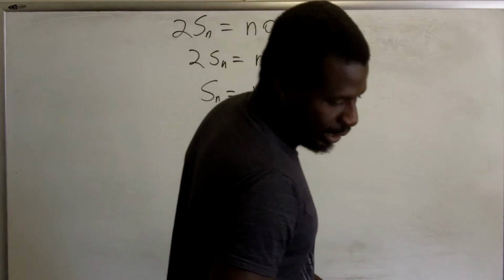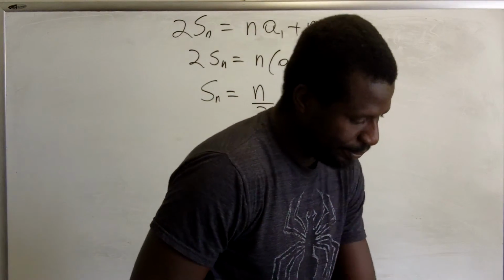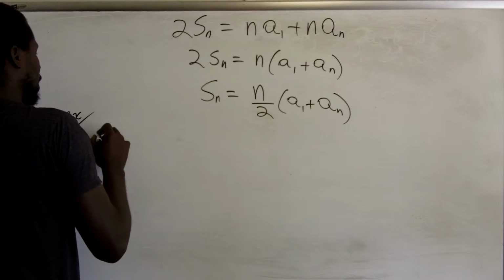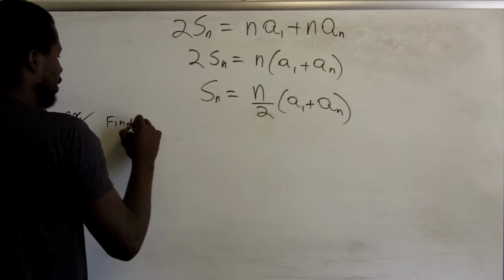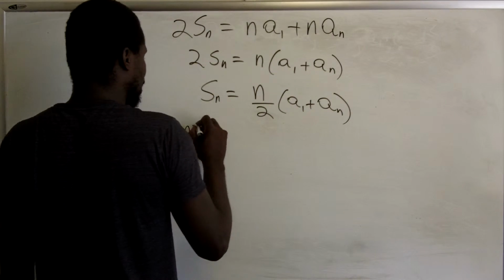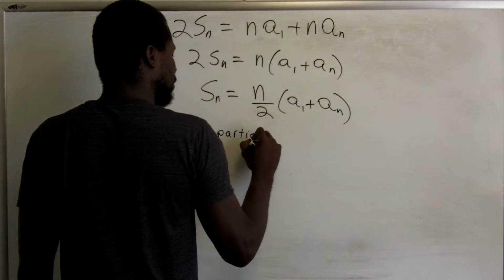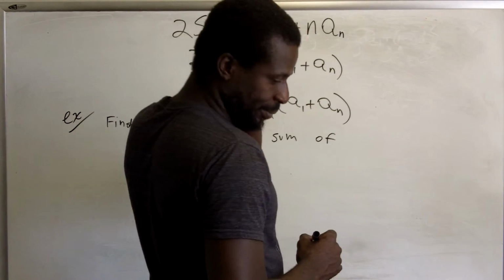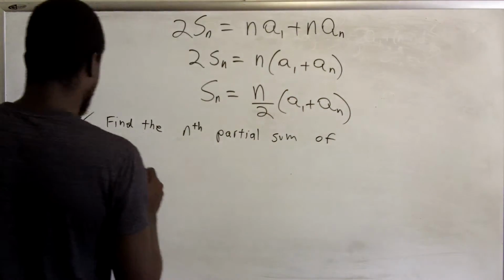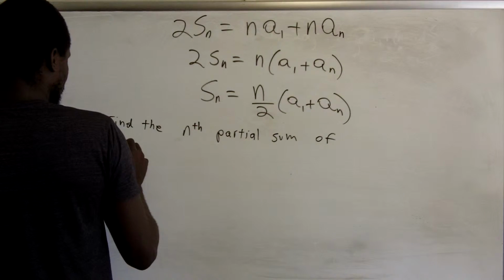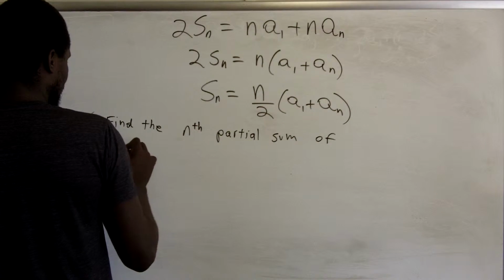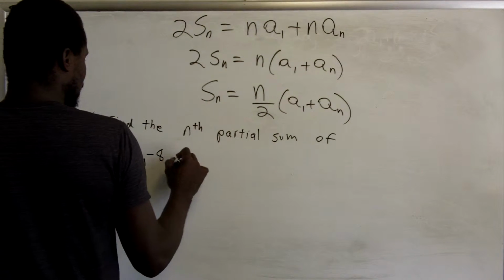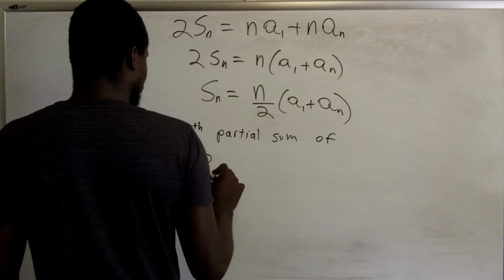So let us take a look at an example. Let's find the nth partial sum of this sequence: negative 12, negative 8, negative 4, 0, 4.